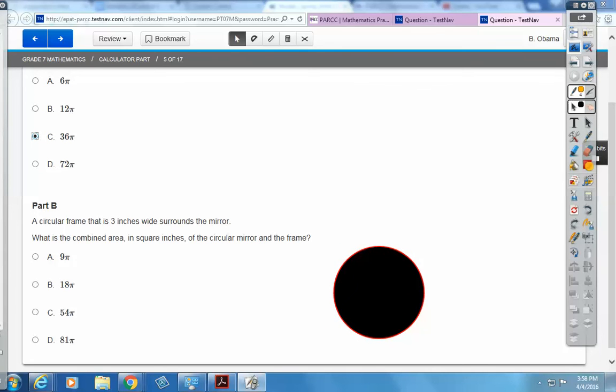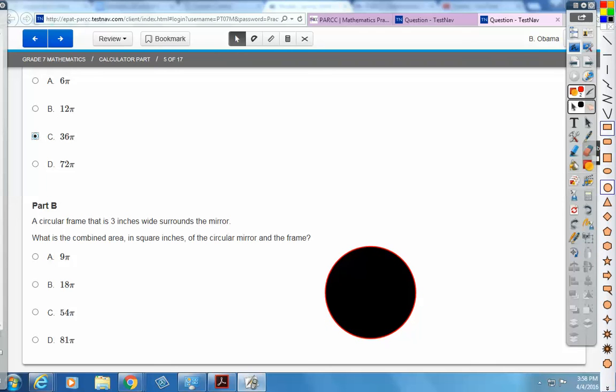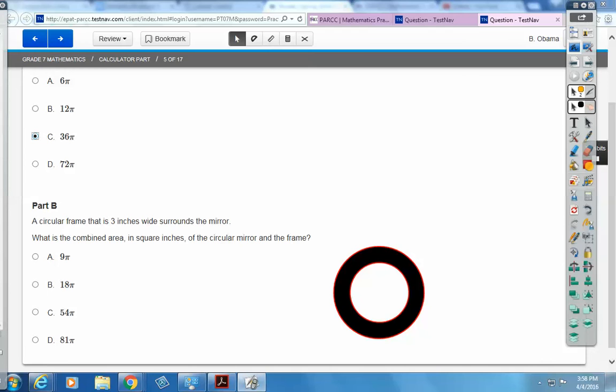And inside my black mirror, let's just call that the frame. There we go. So here's my mirror and the frame. And I would obviously encourage you to draw this on your paper.